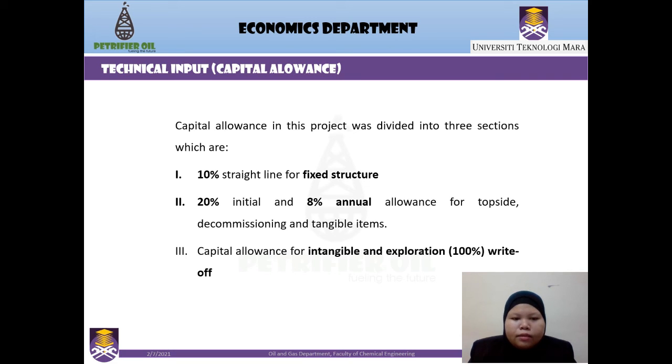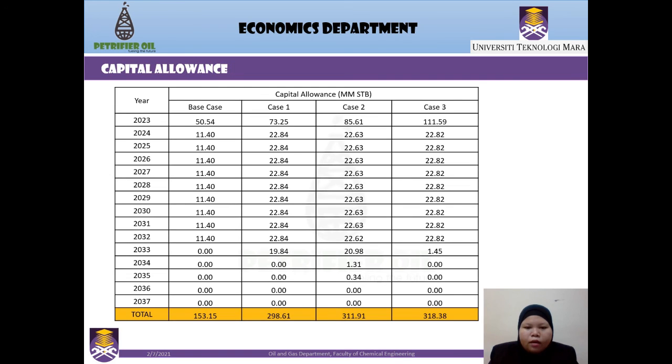The third is the capital allowance for intangible and exploration, which is 100% write-off. This table shows the summary of capital allowance for each case from the year 2023 until the year 2037.